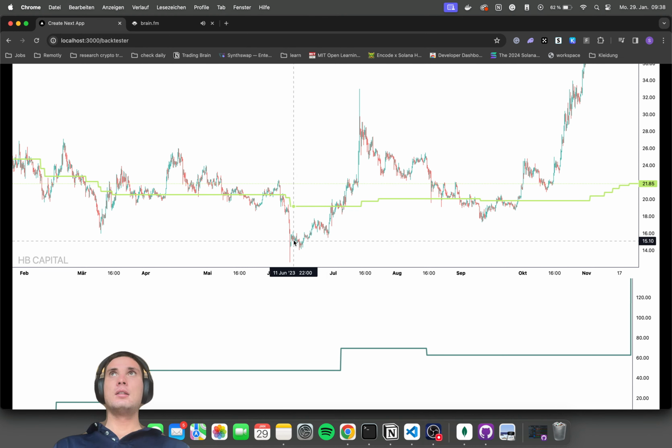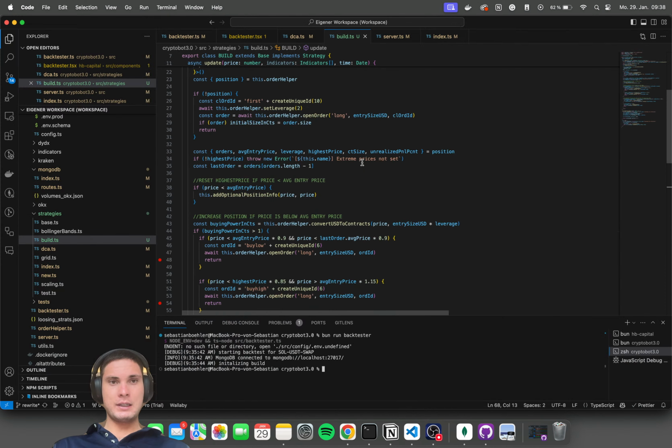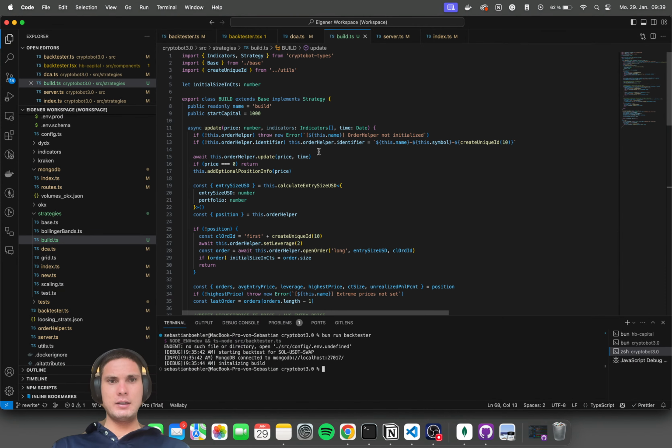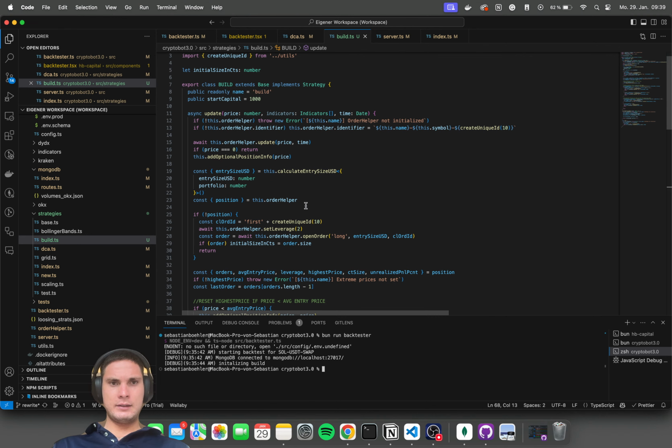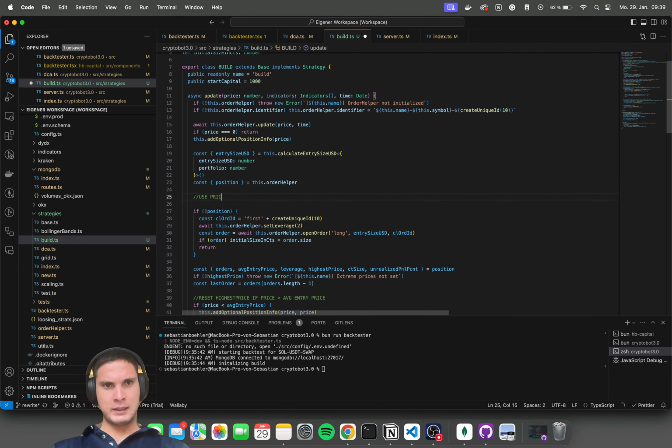And okay, I guess we can even optimize this by using indicators and use price of indicators, granularity X for triggers.